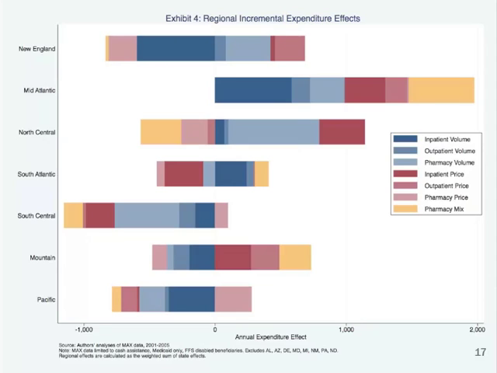So in the New England area, compared to the average, more people get pharmacotherapy, and they pay more for an outpatient visit. I think both are things that might be considered improving access to care. And on the negative side, they have lower inpatient admissions, and they're paying a little bit less for their pharmaceuticals. Those could be good things, certainly.